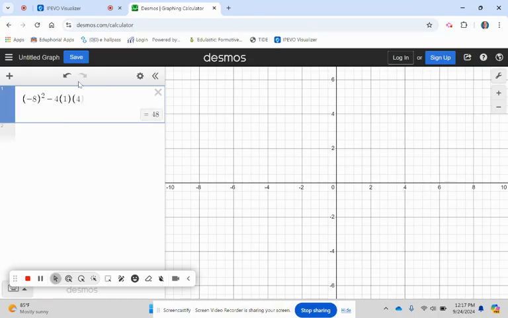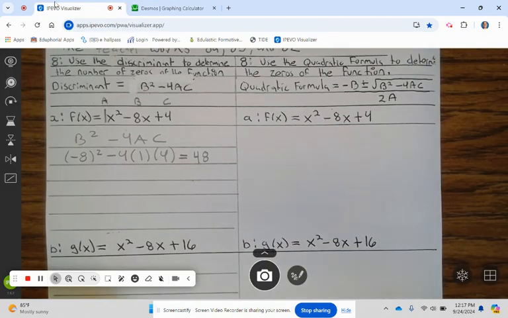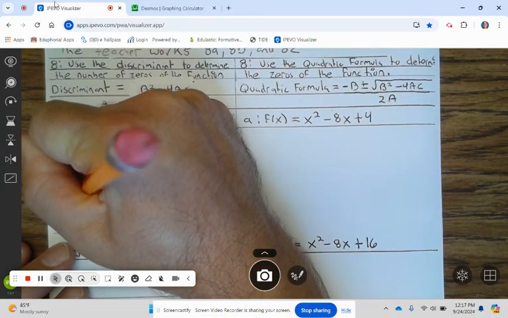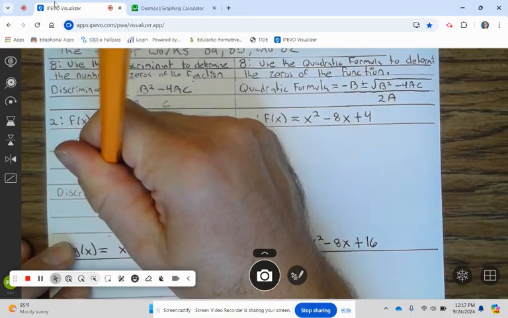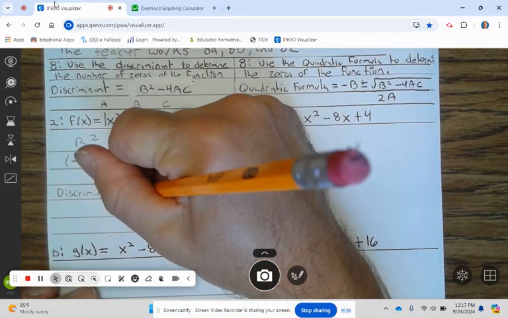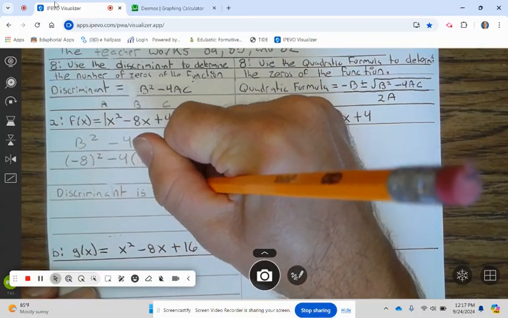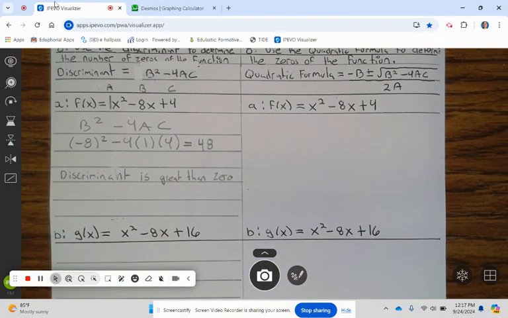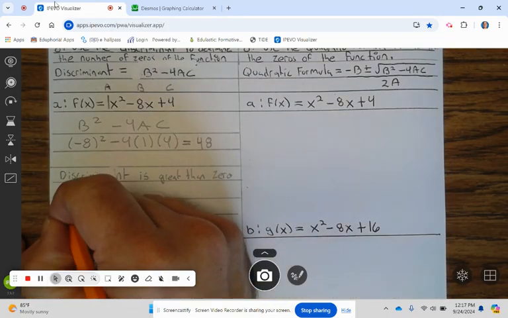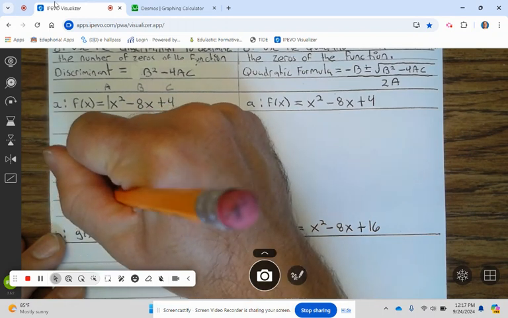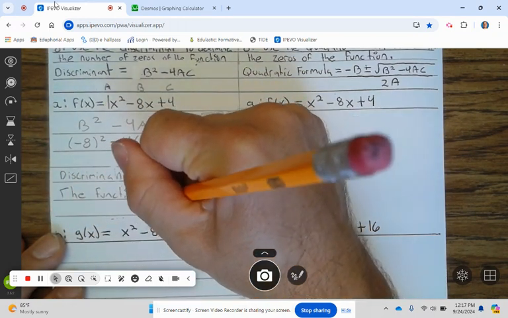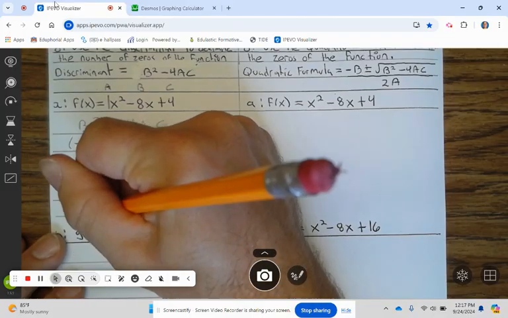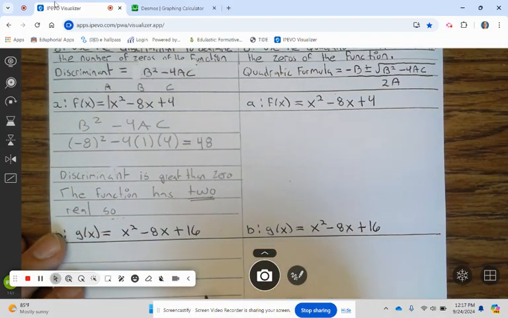The result is 48. So because the discriminant is greater than 0, we know the function has 2 real solutions.